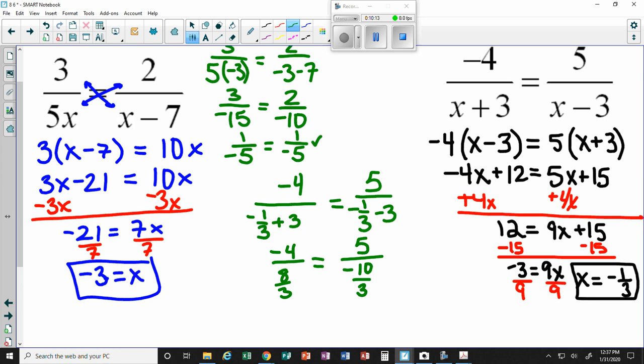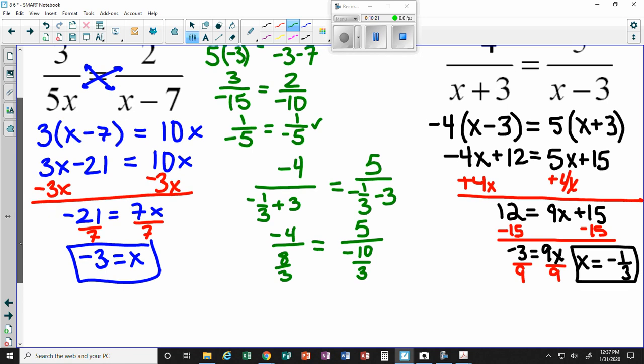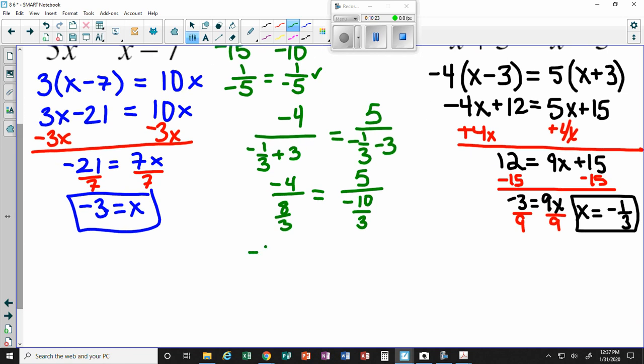Okay. So now, can I have a fraction inside of a fraction? No. So you got a couple options. What I would do is, because it's a number divided by a fraction, instead of dividing by that fraction, I would multiply by its reciprocal. So negative 4 times 3/8 equals 5 times negative 3/10. So what's negative 4 times 3/8? 12/8.